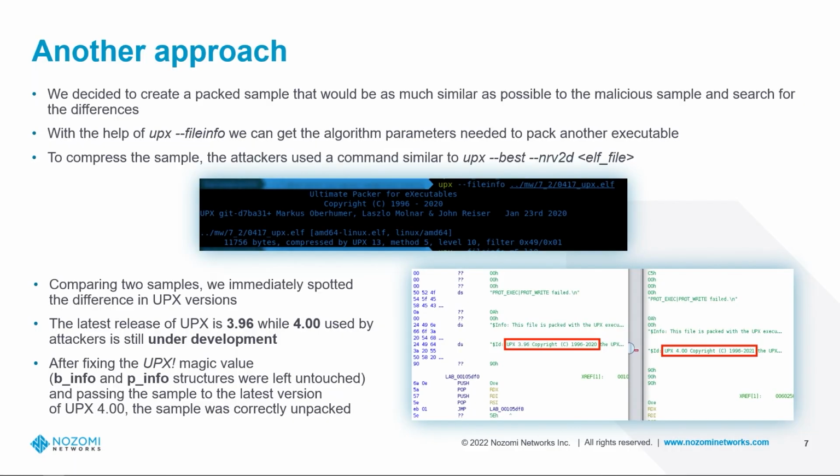UPX provides command line arguments that allowed us to see with more or less higher accuracy what arguments were used to create the packed sample, and we generated a similar one. Comparing them, we immediately spotted something which we didn't see very often before, the version of UPX.